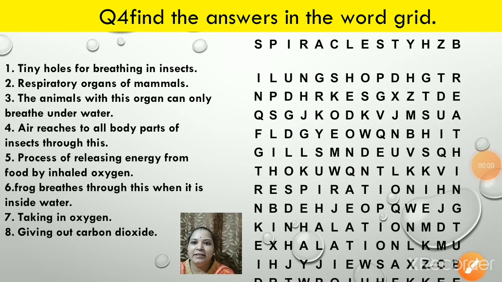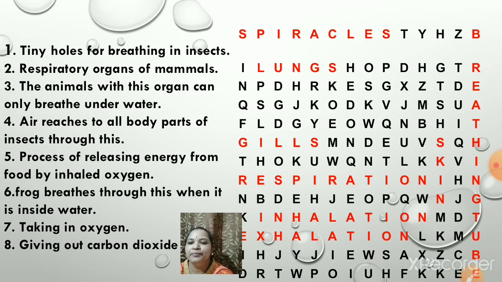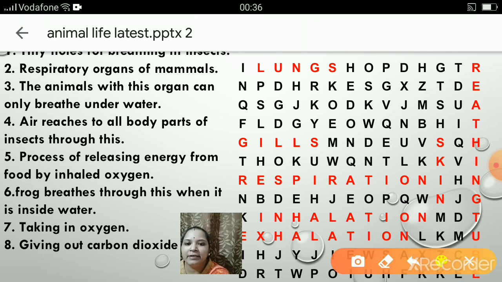Children, let us see the next question. Find the answers in the word grid. So, on the left hand side, there are the questions, and we have to find out the answers in this word grid. So, let us see the questions as well as the answers. So, the first one is tiny holes for breathing in insects.